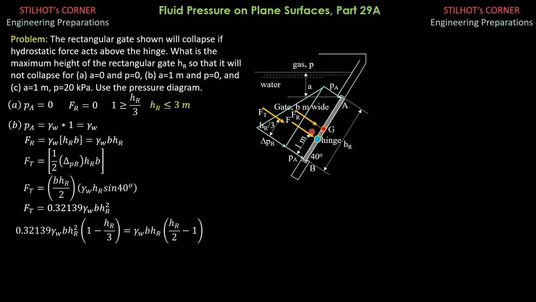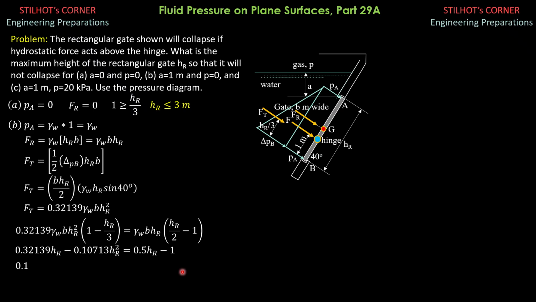So that's the moment arm. So we cancel gamma of water BHR, then distribute. So 0.32139 HR minus 0.10713 HR square equals HR over 2 or 0.5 HR minus 1.